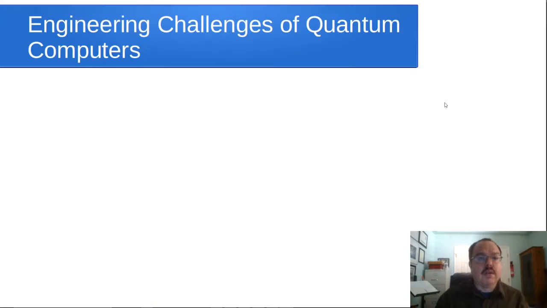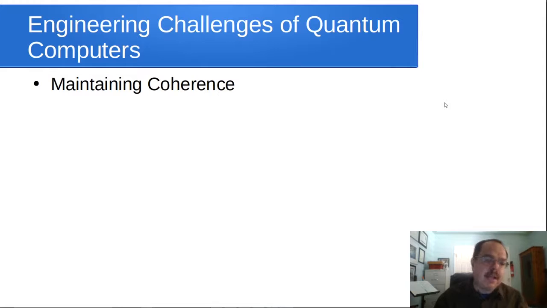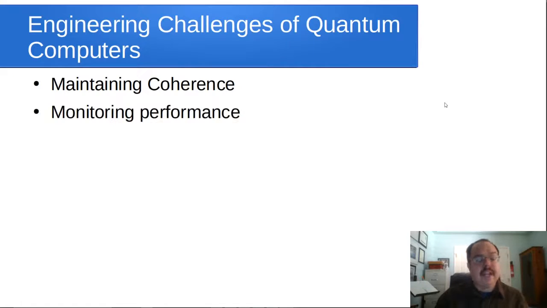Okay, so some of the challenges that are ahead. Like I said, maintaining coherence. That's the big one. In a lot of ways, almost all of this boils down to how long we can keep this coherence, the superposition state, alive. The next thing is, and forgive me if I throw in anthropomorphisms, monitoring performance. Like I said, if you measure these circuits at any point in the operation, it will collapse the wave function.